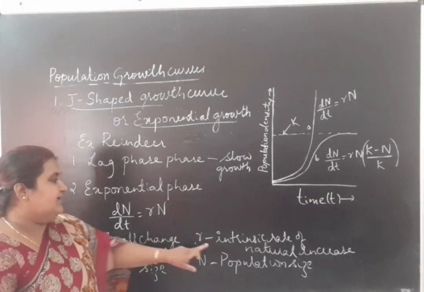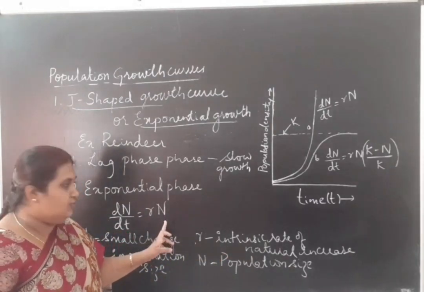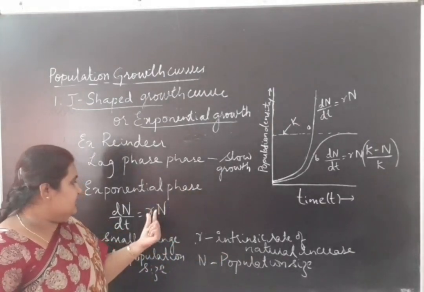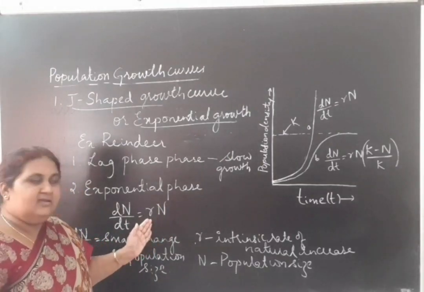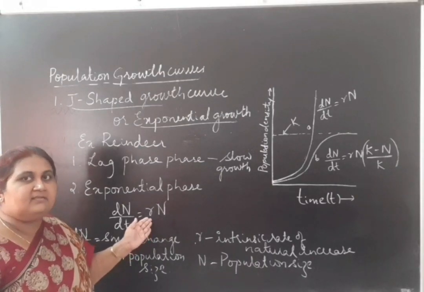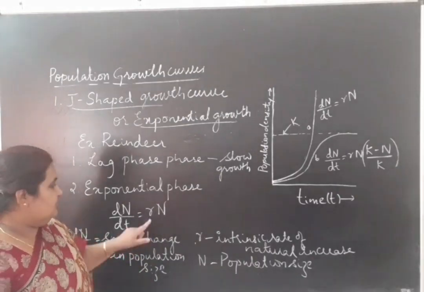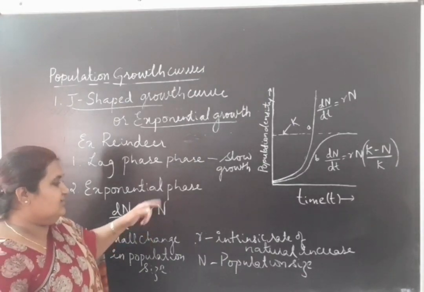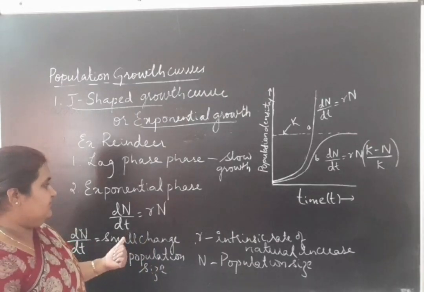So what is our intrinsic rate of natural increase? For a population to show an increase, r is responsible. What is r? It might be birth rate or immigration. So r will either increase or decrease the population size.